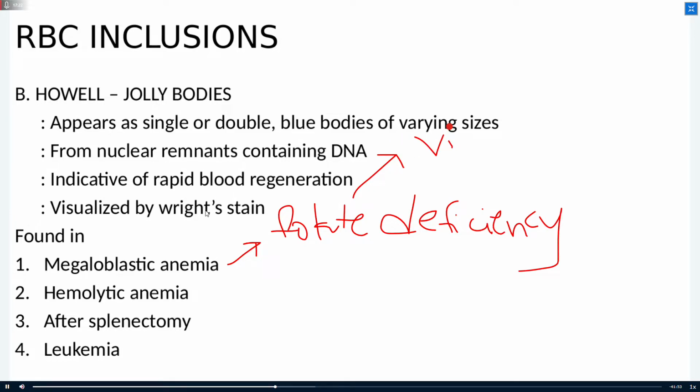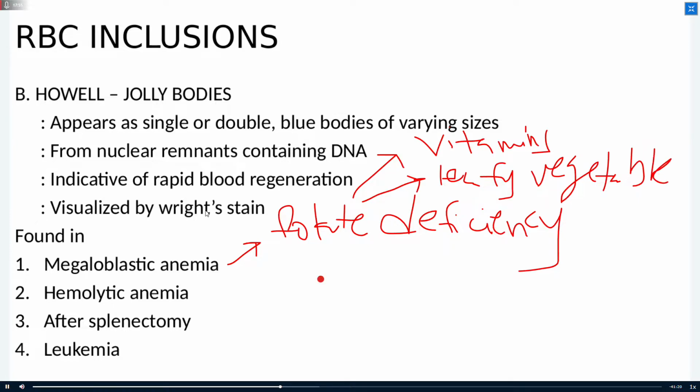Basically, these are vitamins. Now, how would you get folate? What is the source of folate? Yes, food. So usually, they could be taken from leafy vegetables.